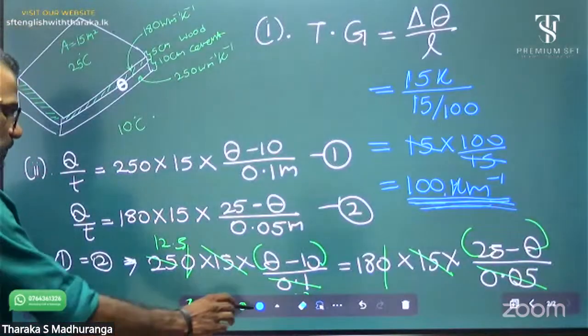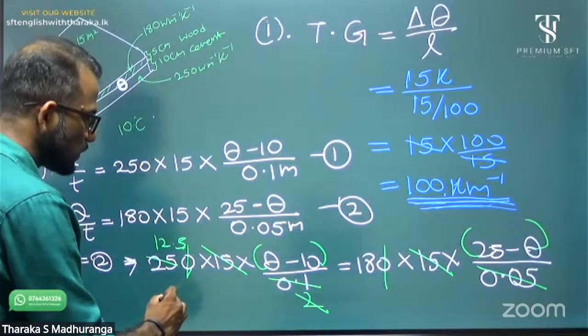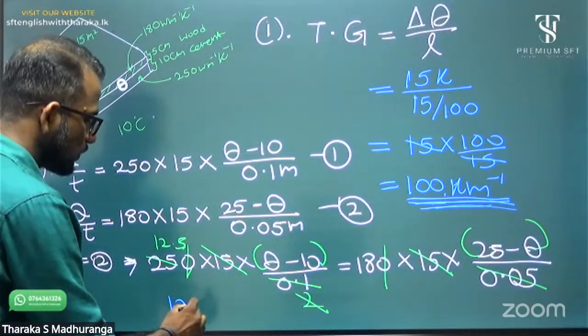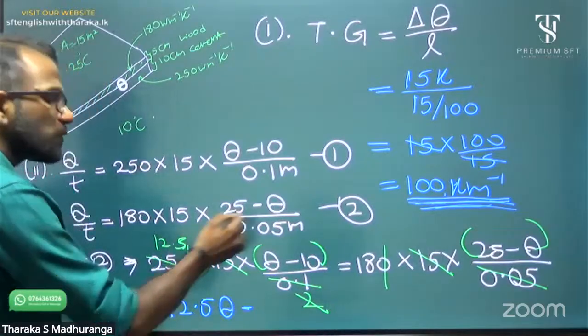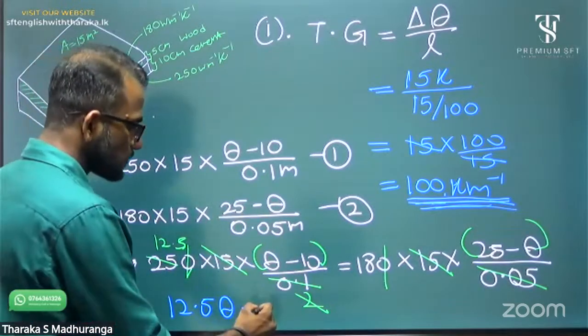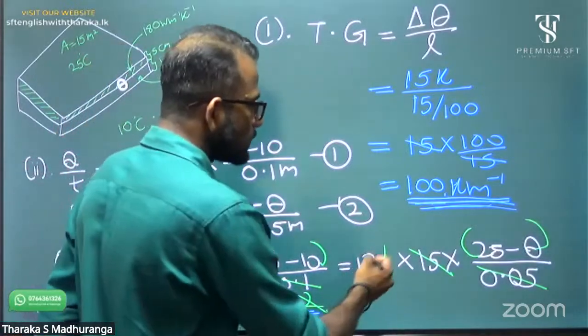Right. Now 12.5 into theta, 12.5 theta, minus 12.5 into 10, 125, equals 18 into 25.